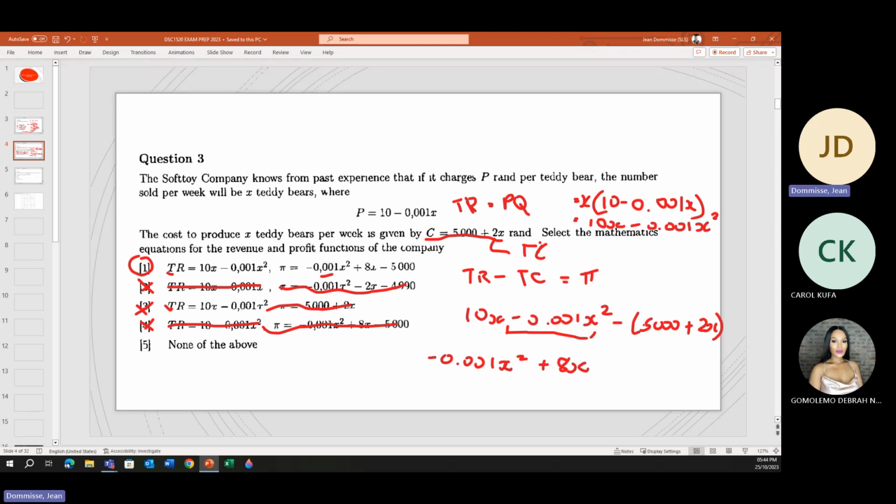And then minus times a plus 5,000 is a minus 5,000. So the formula we're looking for is minus 0,001 X squared plus 8X minus 5,000, which is there.